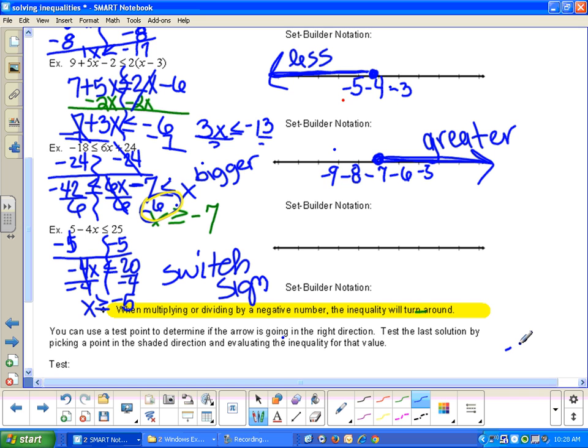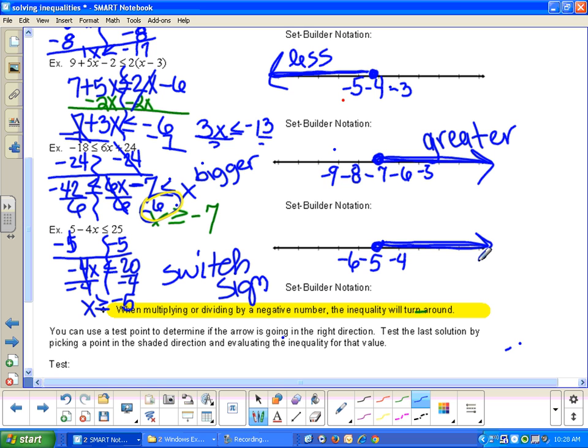Now, the best way I can tell you why you do that, there are some mathematical reasons why, but the best way to show you is with a counterexample. If I switch it correctly, like this, and I put it on the graph, here's negative 5, negative 4, negative 6, and put a closed circle on negative 5, and I want everything greater, so I go this way. Great.